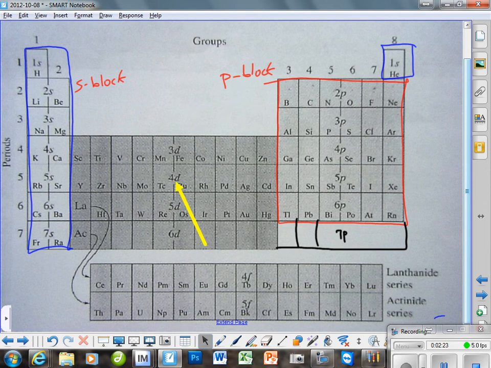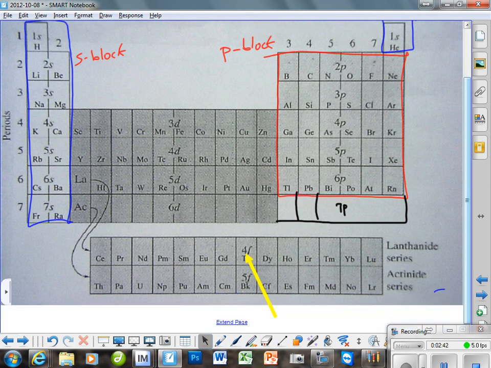So if we're doing principal energy level 4, we want to find the 4 in the D block, and it's there. We want to look for 4 in the P block, and it's there. And then we want to see if there's a 4 down in the F block. And by golly, that guy is there. So all 4 are there.